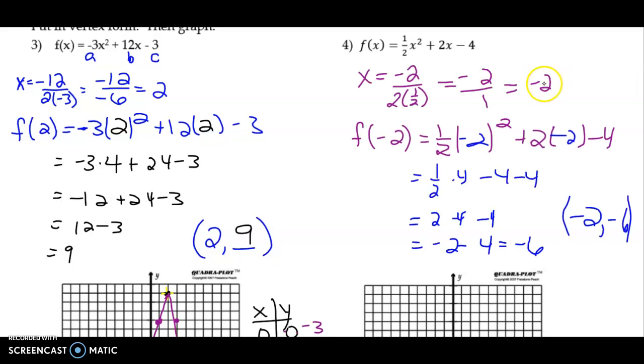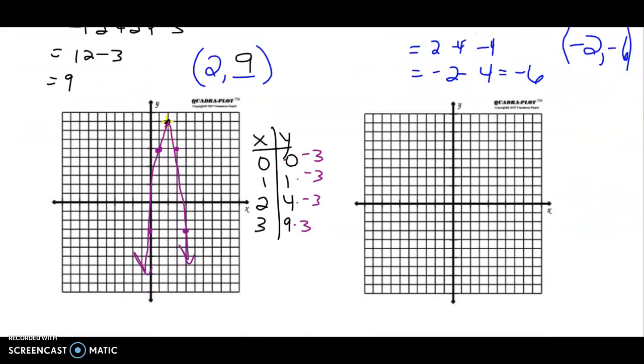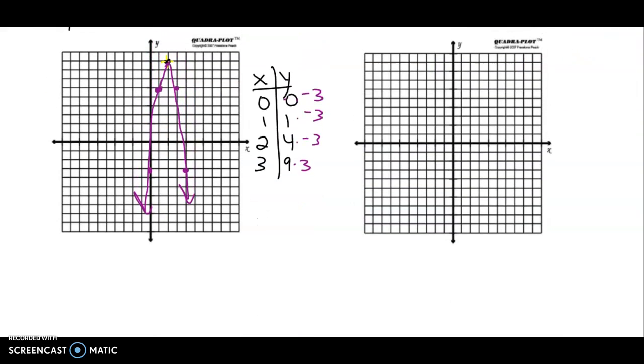All right, we end up getting the x part of the vertex to be -2. If we plug that back in, we get -6. Now, one thing that I forgot to have us do on the last one was put it back into vertex form. So let's do that really quick here. So vertex form is y equals, or f of x equals a times x minus h squared plus k. And so the a stays the same, so it's just 1/2 still.